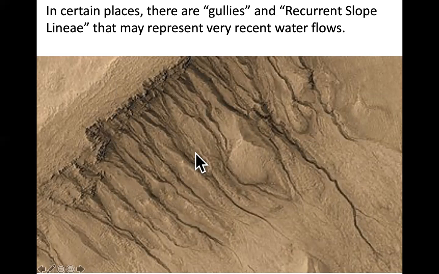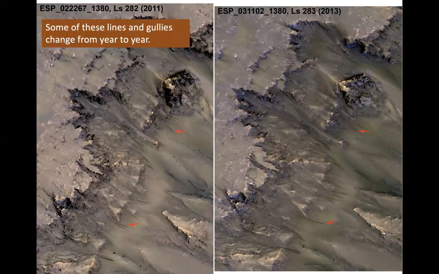These things are called gullies or recurrent slope lineae because what's interesting about them is they change over time. These are two pictures of a couple of those things, one from 2011, another from 2013. And if you look, for example, at this one, you will see as you go over 2 years, it gets longer. So over the course of a couple of years, this changes.